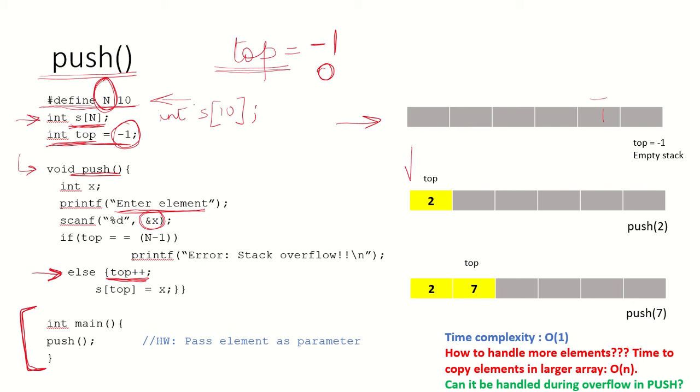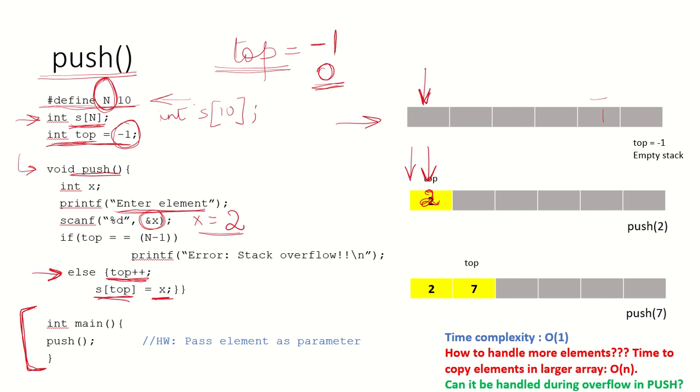That means top will now start pointing to this particular location, and at that location, s[top], we can put in x. So if x was 2, suppose the user had wanted to insert a value 2, then 2 will be inserted and top will point to the first element, or the topmost element in the stack, and it would have a value of 0.